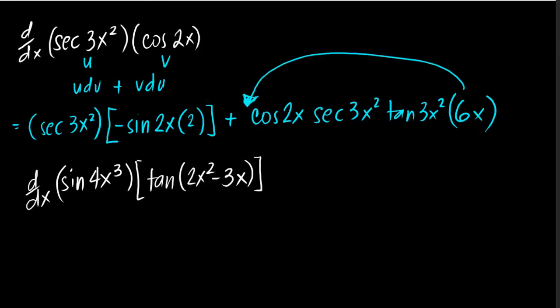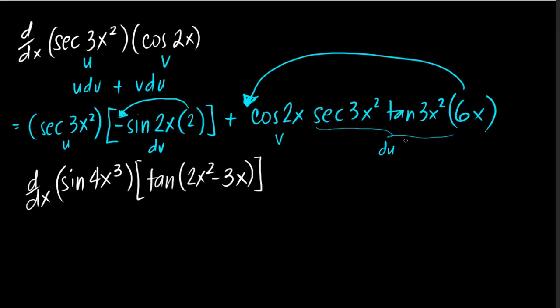And actually, 2 belongs here at the beginning of this function as well. But there's no need to rearrange this, guys. For our style, it's obvious that this is u, this is dv, and this is v, and this whole thing is du.